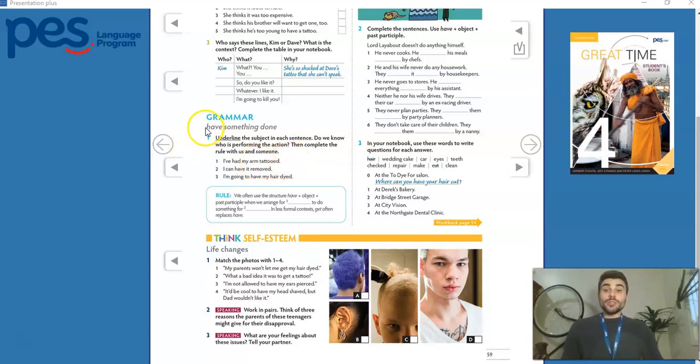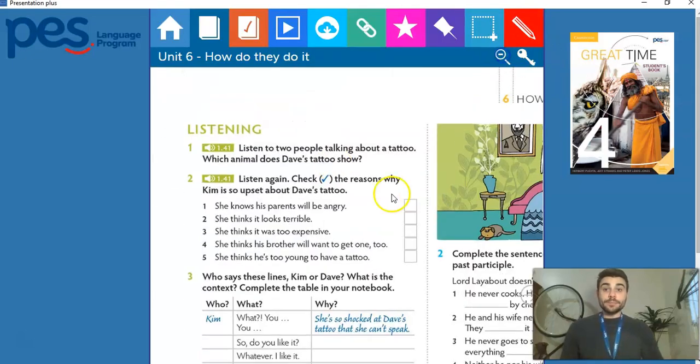Now, we're going to take a look at this way of expressing something that people do for us, okay? Might be a little confusing now, but we're going to do some exercises together so that you can understand what I am saying here right now, okay? So, let's take a closer look.